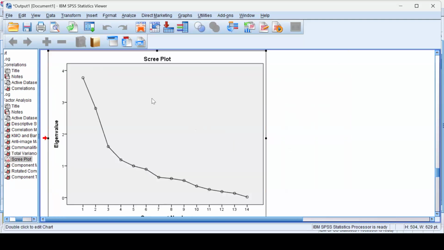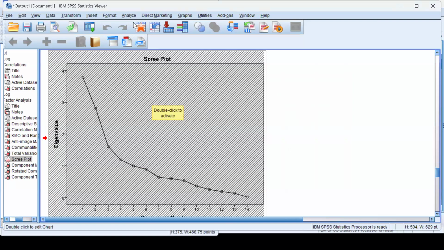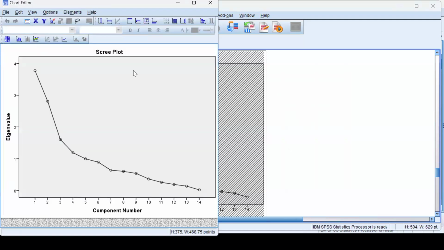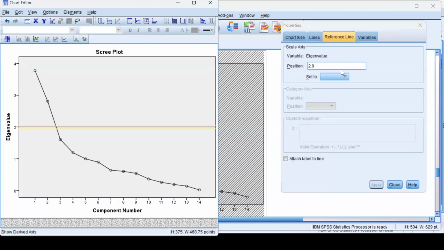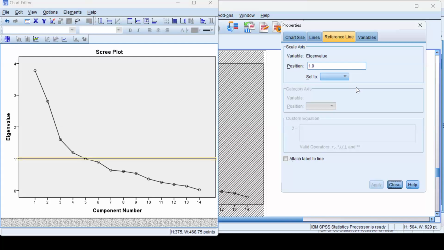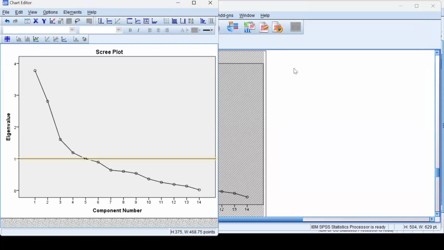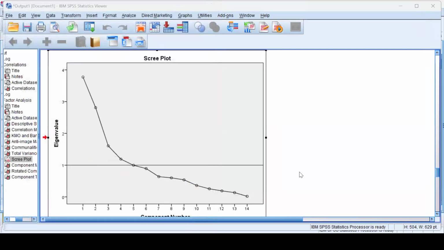This is my scree plot. So when you double click it, you can add the line, you can write the position 1 and then apply. After apply, the purpose of a scree plot is to tell about the number of factors, कि how many factors we should retain.